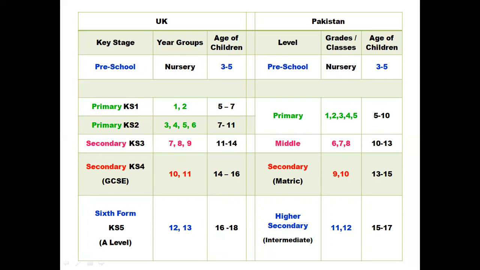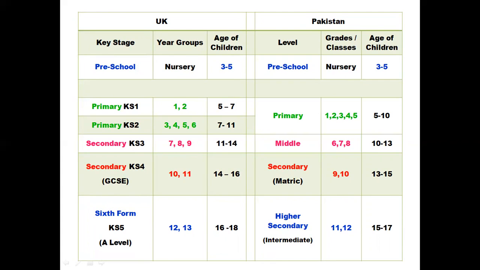And also what we can see is that overall in primary school, students spend 1 year more than counterparts in Pakistan. And moving on to key stage 3, which has year groups 7, 8, and 9, is comparable to middle school in Pakistan, which has classes 6, 7, and 8, or grades 6, 7, and 8.